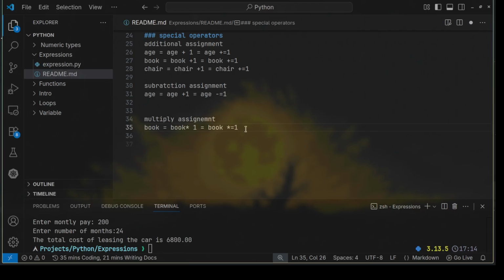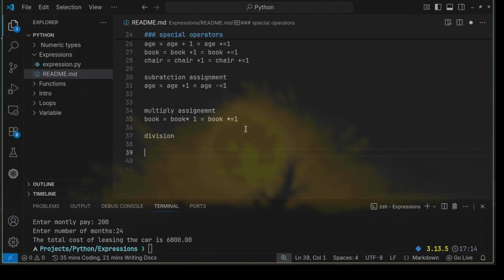You can write for chair and age by yourself. If there's a question, let me know in the comment section. Another one is division, just the same thing as well. So we'll say chair is equals to chair divided by 1. This will equate to chair divided by is equals to 1.